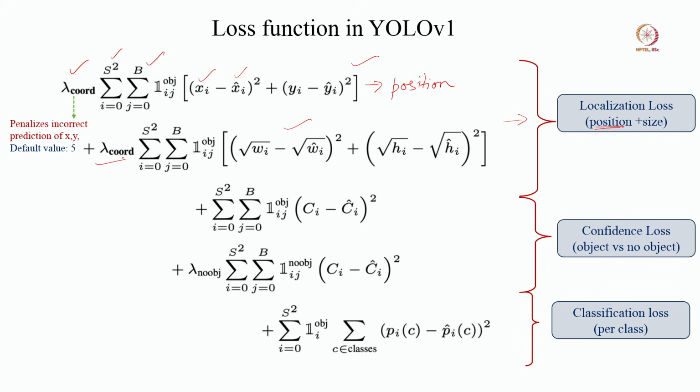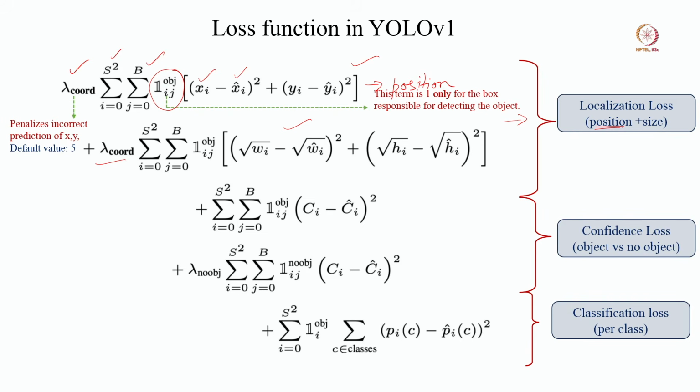Before going to the next term, I missed this one: the term 1 ij object. This term is 1 only for the box responsible for detecting the object. If there is an object, only then it will be 1, otherwise it becomes 0.